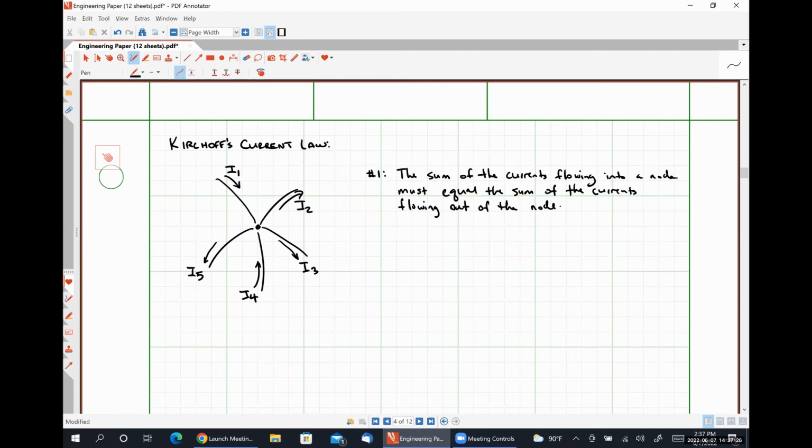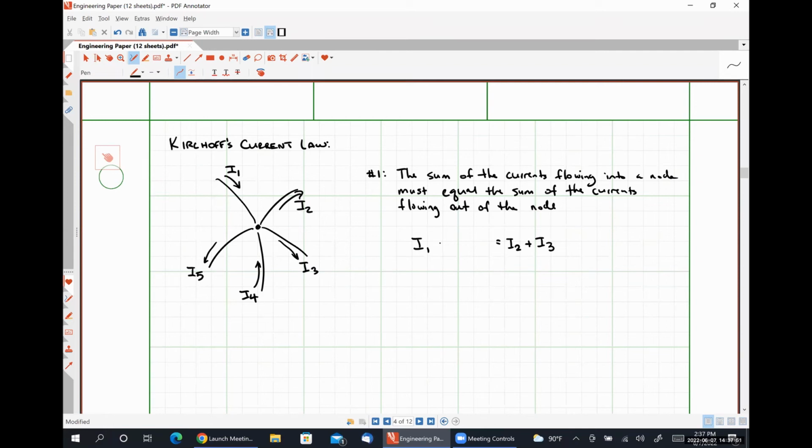So our KCL expression using this formulation would look something like this. Since I1 is flowing in, it'll be on the left-hand side of the equal sign. I2 is flowing out, so I'm going to place it on the right-hand side of the equal sign. I3 is also flowing out, so I need to add it to I2.